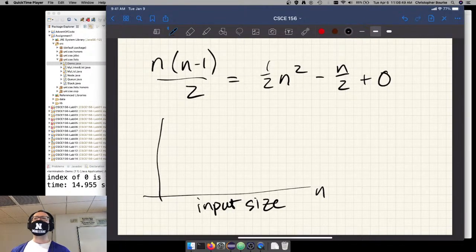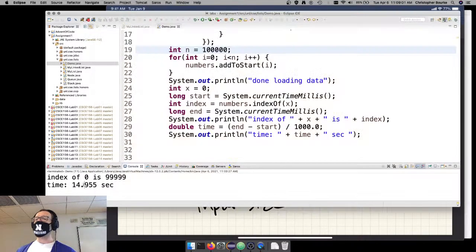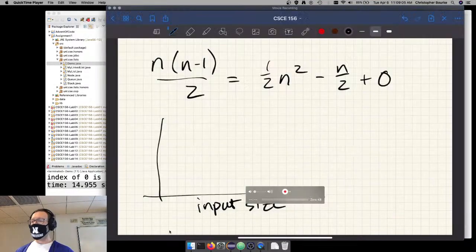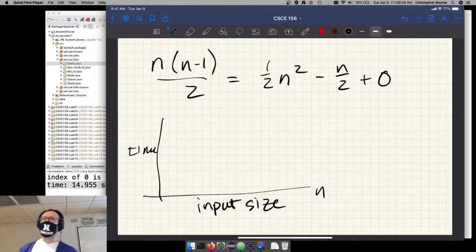What is my y-axis here? What are we trying to capture? How many what? The number of traversals, or what was I capturing here? Time, as a resource, all right? So time. We'll talk about that in a little bit more detail, but you're right.